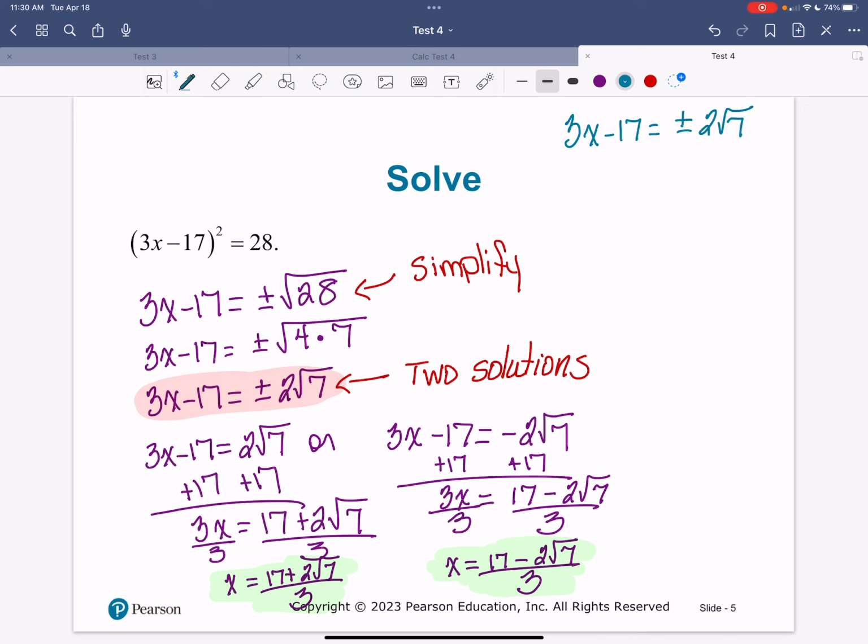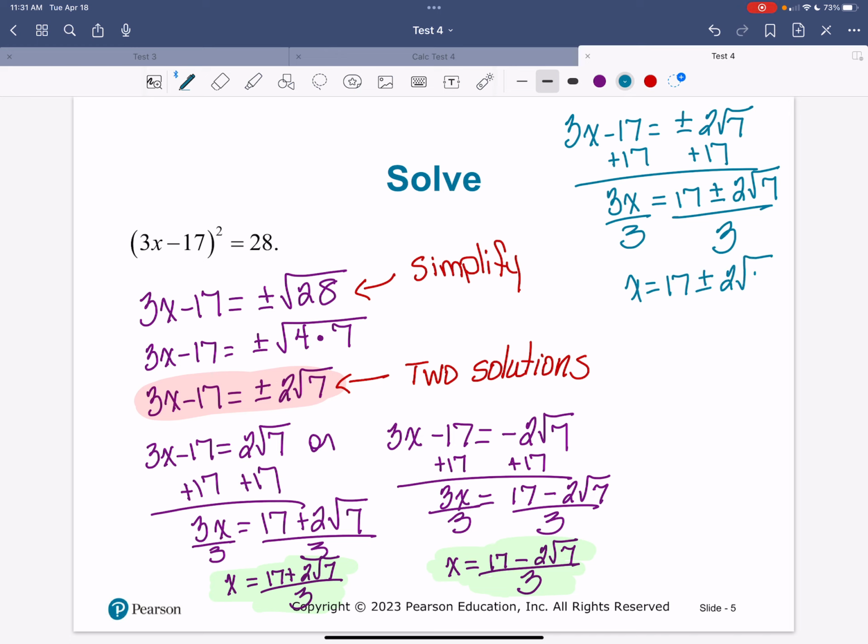We're not going to be able to combine any like terms, so many students will add 17 to both sides and keep the plus or minus. Then we have 3x equals 17 plus or minus 2 times the square root of 7, and then I divide by 3. So then I have x equals 17 plus or minus 2 times the square root of 7 over 3. It means exactly the same thing.